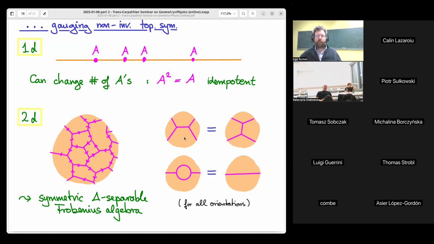Ingo, if I may just make one comment. This whole idea of a foam, I think it is enlightening to mention, goes back to the 1950s. It goes back to a construction by Cartan, which was later propagated by Borel.